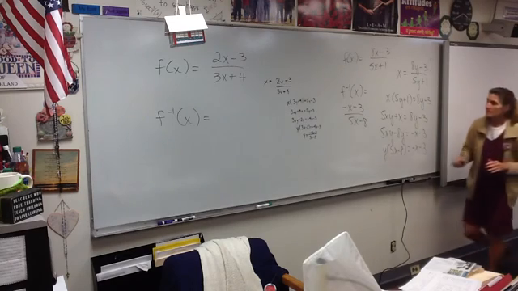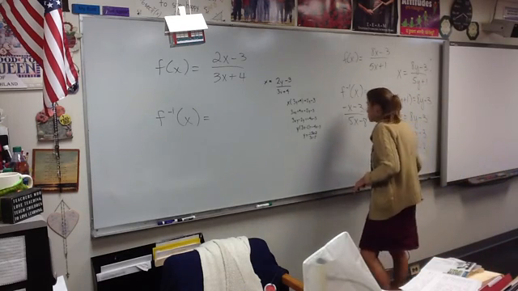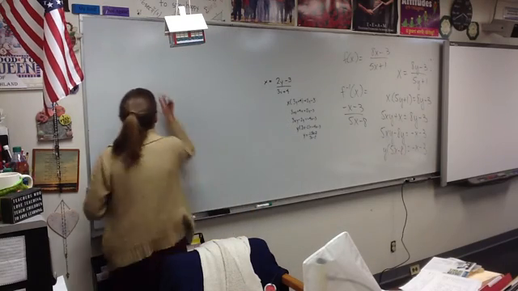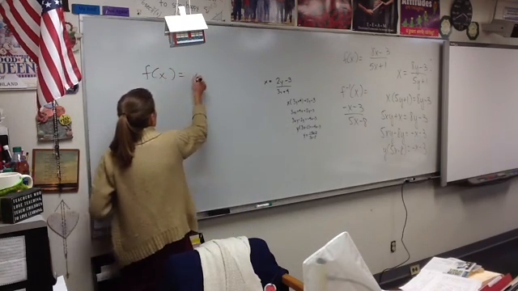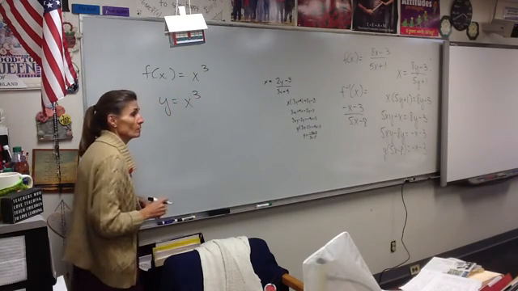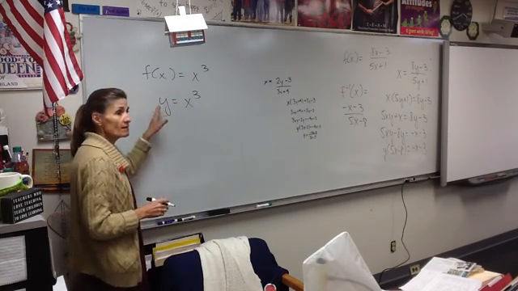Okay, 19 is f of x equals x cubed, or y equals x cubed. Now, we're going to find the inverse of this.